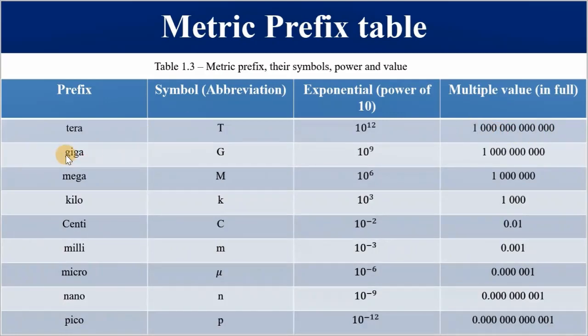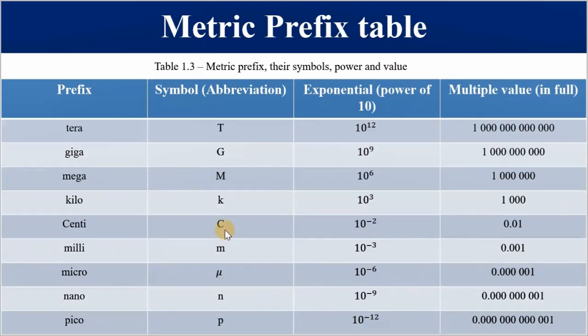Then giga, it's capital letter G, is 10 to the power 9, and it's equal to this value. Then mega, it's capital letter M, 10 to the power 6, and it is equal to this value, 1 million.